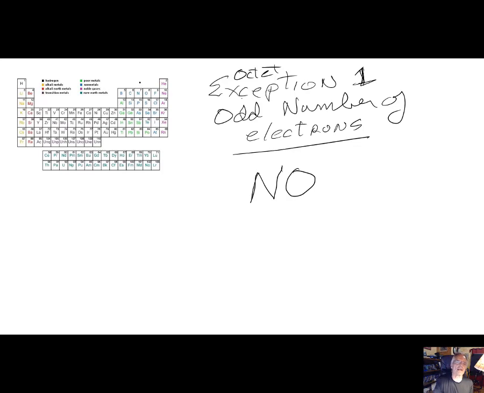It's a vasodilator. Nitrogen has 5 valence electrons. Oxygen has 6. So this is 5 plus 6, which is an odd number. It's 11 valence electrons.